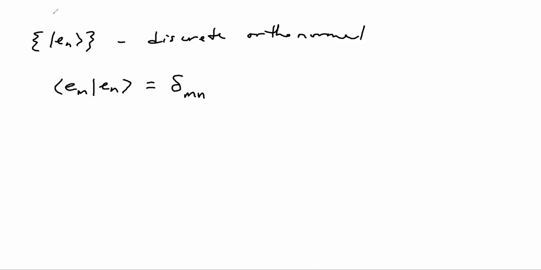And then if we look at a projection operator that has to do with our basis vectors, and we sum them all up, we're going to get 1, right? So that's the identity operator.